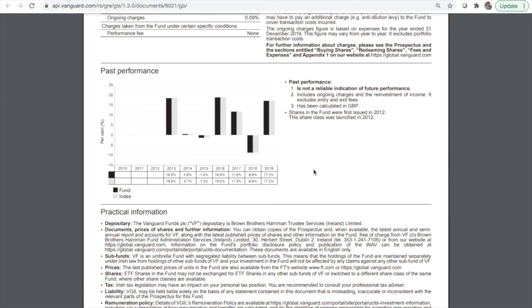In 2014 it was similar, the index performed slightly better. Same for 2016, 2017, 2018 they were literally neck and neck. And then 2019, the index performed slightly better as well. You can see that there's really not much variation in it. So it is as closely as possible tracking the index, which is important to know.